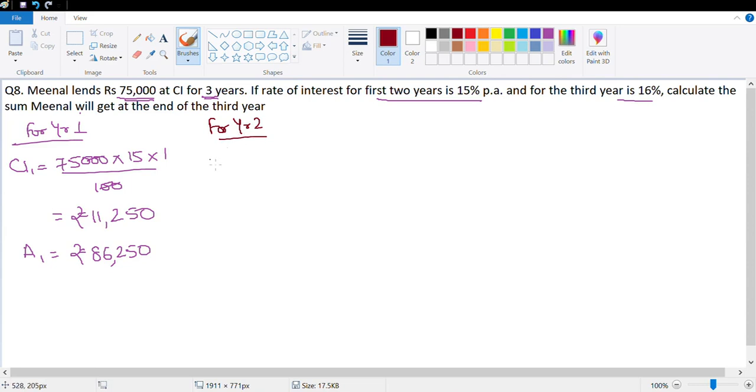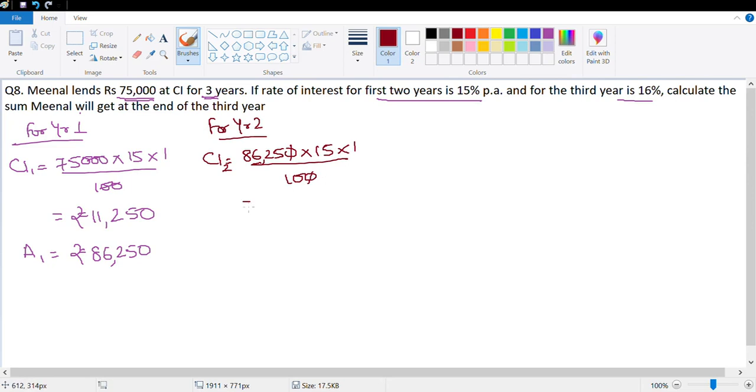Let's look at year 2. For year 2, compound interest would be equal to principal now, which is 86,250, multiplied with the rate for year 2, which is also 15 multiplied with 1 upon 100.